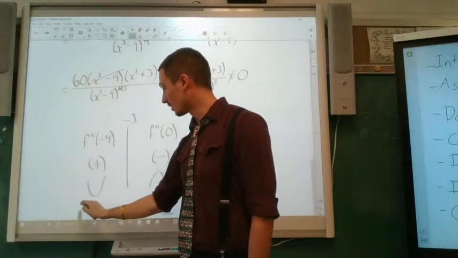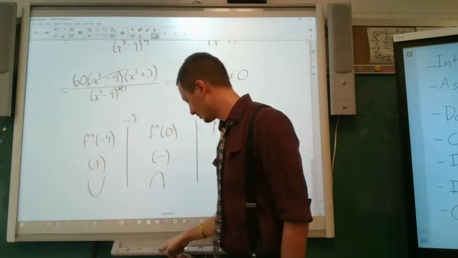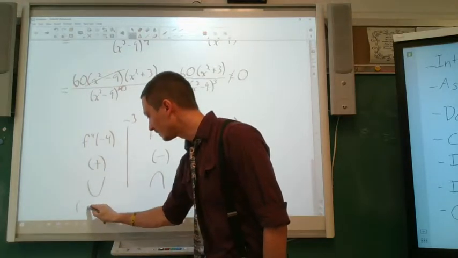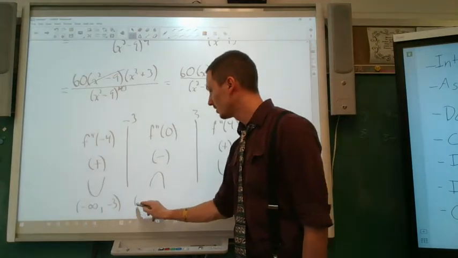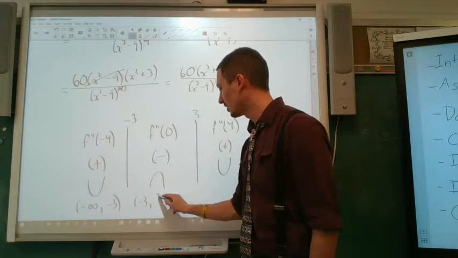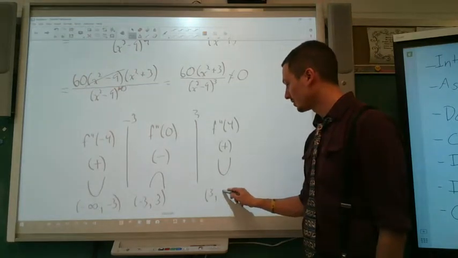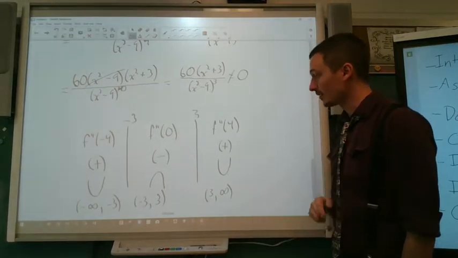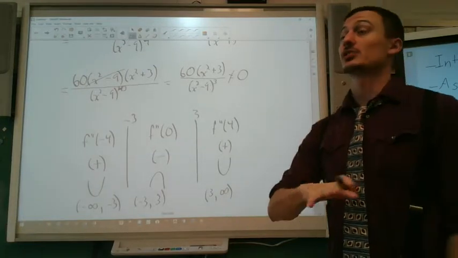Setting our domains of concavity, from negative infinity to negative 3, it's concave up. From negative 3 to positive 3, it's concave down. And from positive 3 to positive infinity, it's concave up again. All right, so that is so much information.